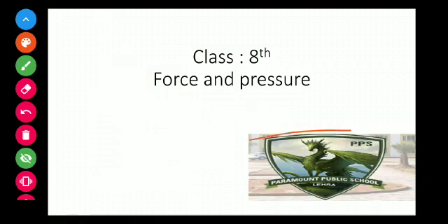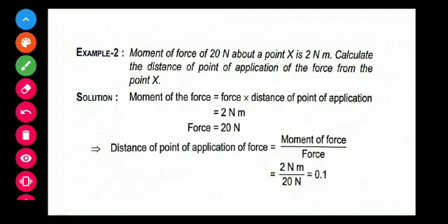And we solved one numerical problem in the previous lecture. Your next numerical is: the moment of a force of 20 Newton about a point X is 2 Newton meter. Newton is the unit of force, therefore force is equal to 20 Newton.